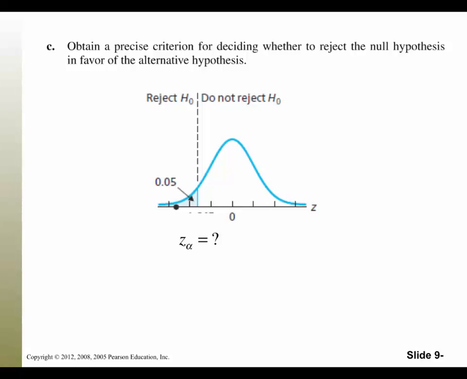So the z-score for the significance level gives us that boundary, and we compare to it to say whether we're going to reject or not reject. For z alpha of 0.05, we saw that z-score was negative 1.645 standard deviations below the mean.